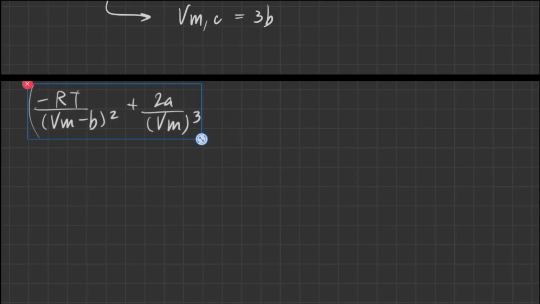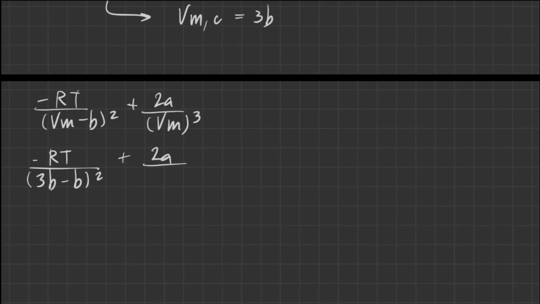So here's the first derivative of the van der Waals equation with respect to Vm. If we plug in 3b for the Vm terms and evaluate for T, then we can find the critical temperature. This is equal to 0, obviously.